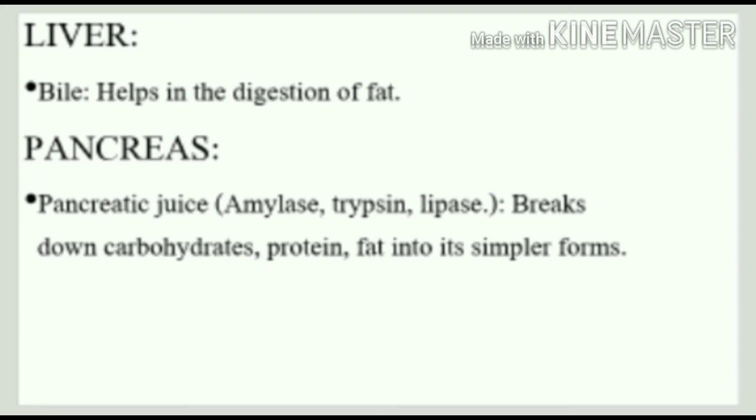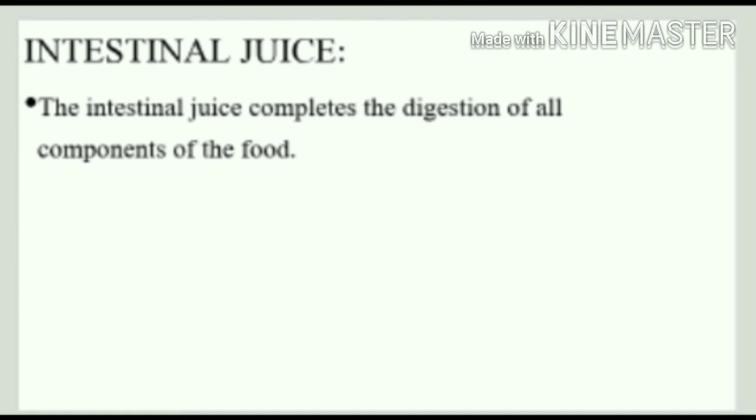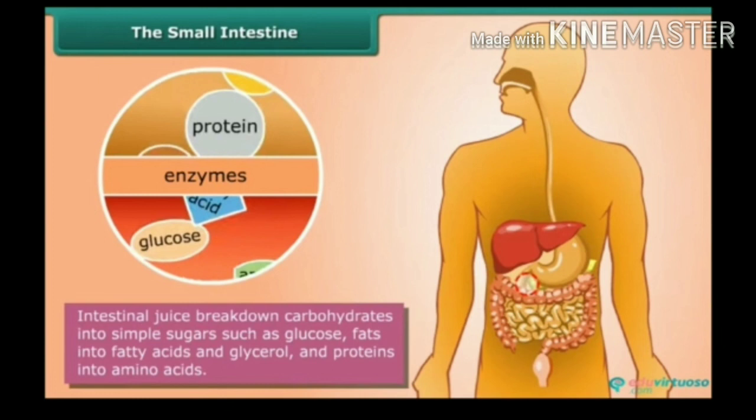The walls of the small intestine secrete intestinal juice. When the partly digested food reaches the lower part of the small intestine, the intestinal juice completes the digestion of all the components of food.